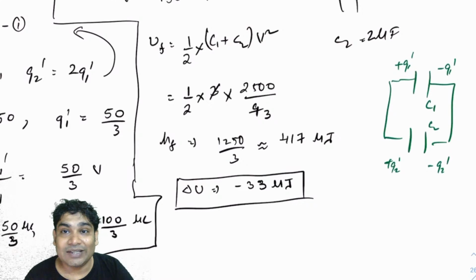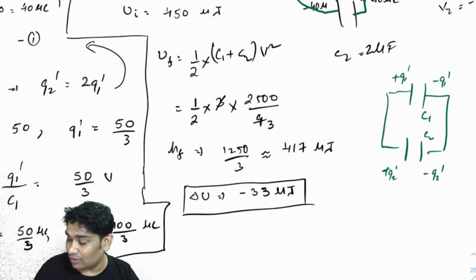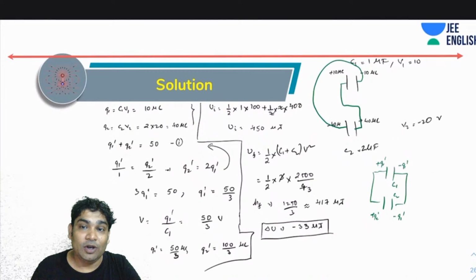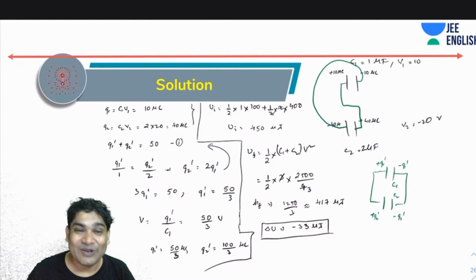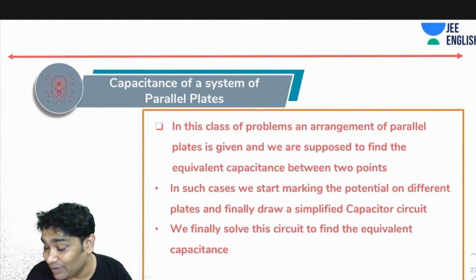I hope everybody followed that. So the loss of energy is roughly about 33 microjoules. This is how we solve this kind of problem.